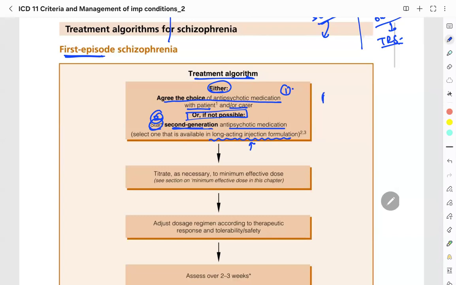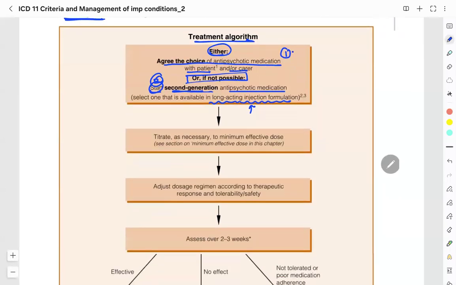We usually choose an antipsychotic that has a long-acting injection formulation. For example, we have risperidone, olanzapine, paliperidone, which is the same as risperidone, or aripiprazole. Any of these which have a long-acting injection formulation, and titrate as necessary to the minimum effective dose.